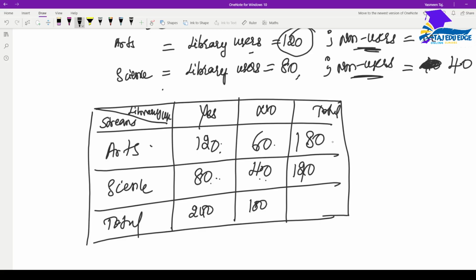Now if we add up 180 plus 120, we get 300. We add up 200 plus 100 also, we get 300. So this 300 which we have got is what they had given in the question itself, that there are a total of 300 students in the college. If we got that, that means we have solved this question properly. This is how we need to solve it.